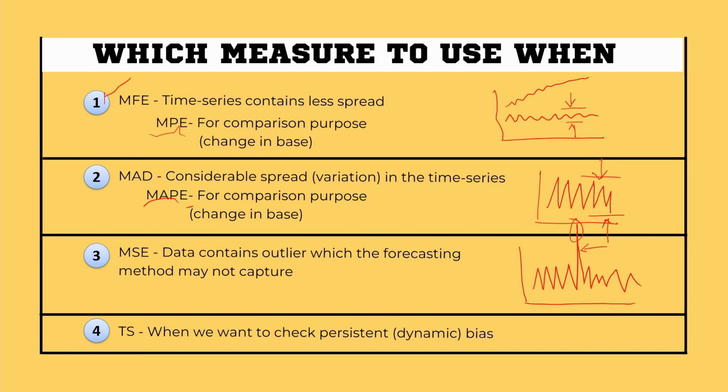Every period a different value of TS is being calculated, and then we also plotted that against -2 and +2 in the control chart. So you are persistently checking the bias, not just relying on only one value of the bias that is given by your MFE. So in those cases you can use TS.